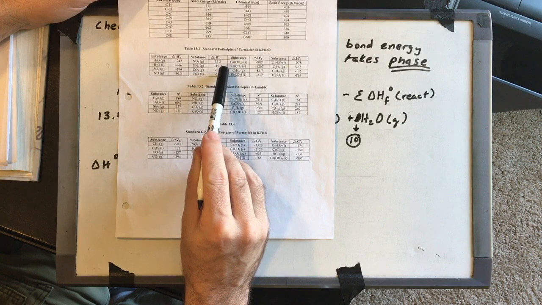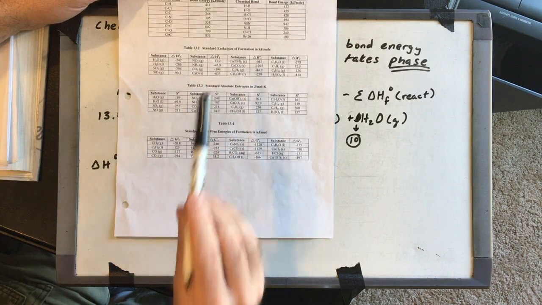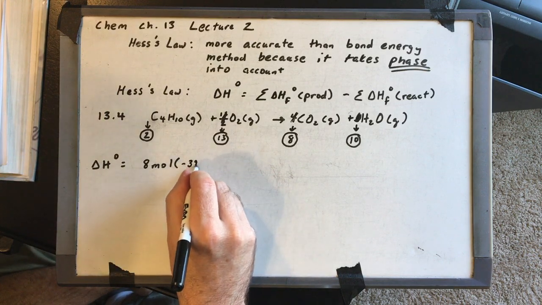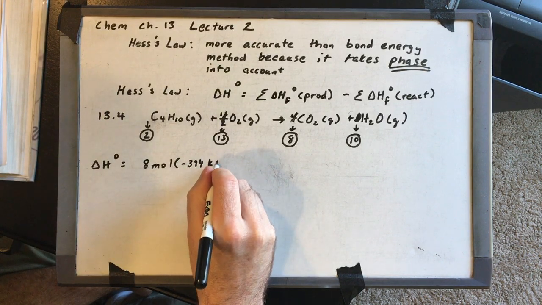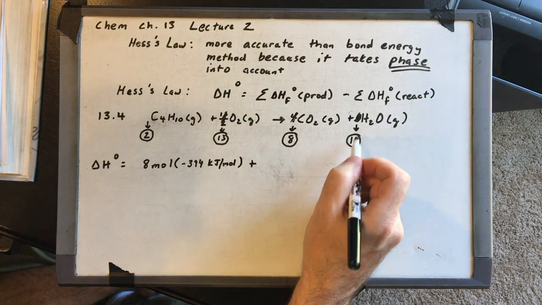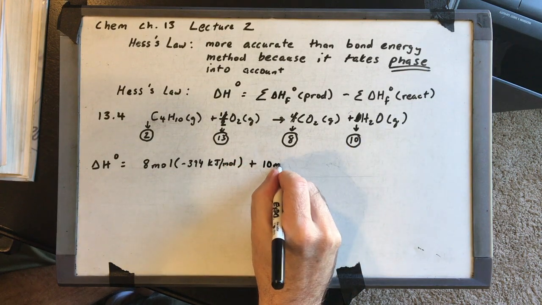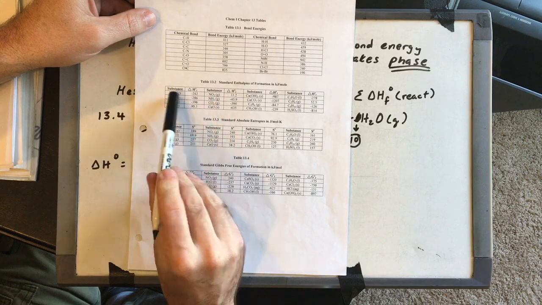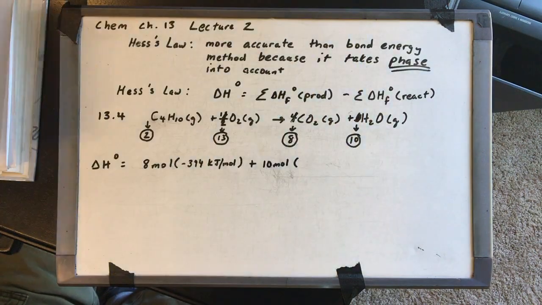And delta H of formation, enthalpy of formation, is negative 394 kilojoules per mole. We want to add the other product, 10 moles of water gas. That's the very first one in the table, negative 242.